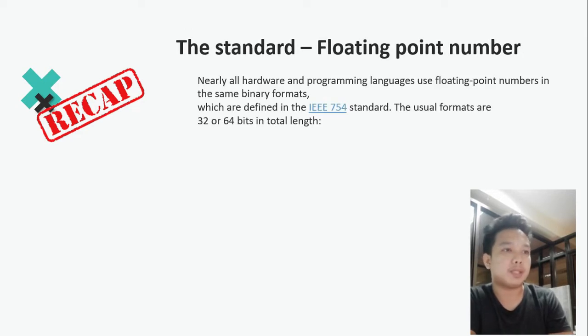Okay, let's come now to the standard floating point number. Nearly all hardware and programming languages use floating point numbers in the same binary formats, which are defined in the IEEE 754 standard.